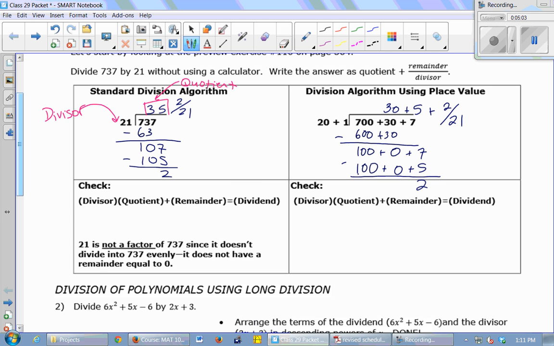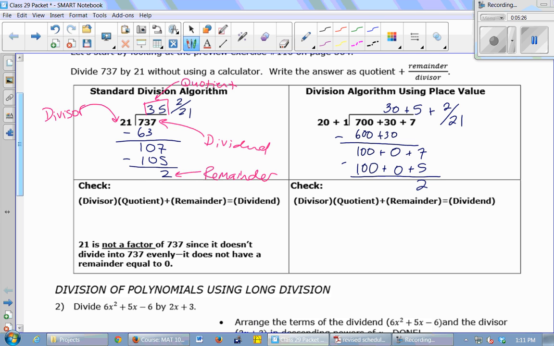And this guy is the dividend, and this guy is the remainder. So to check your answer to a division problem, you should check that your divisor times your quotient plus your remainder gives you the dividend back.